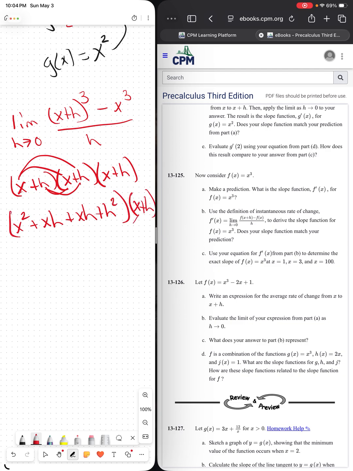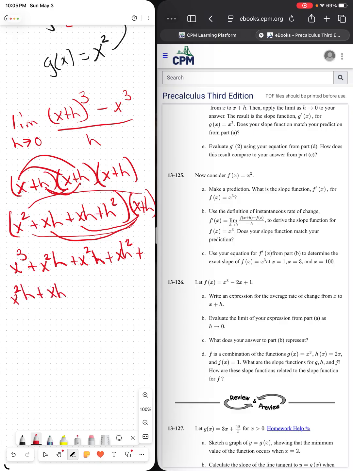Do this again: x cubed plus x squared h plus x squared h plus xh squared, plus x squared h plus xh squared plus xh squared plus h cubed.